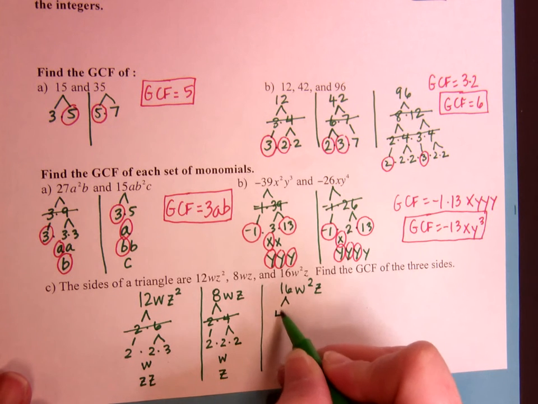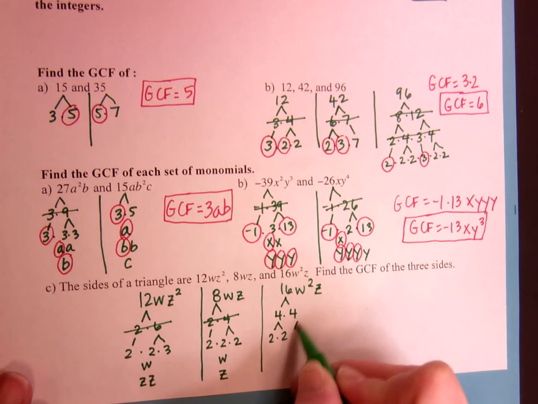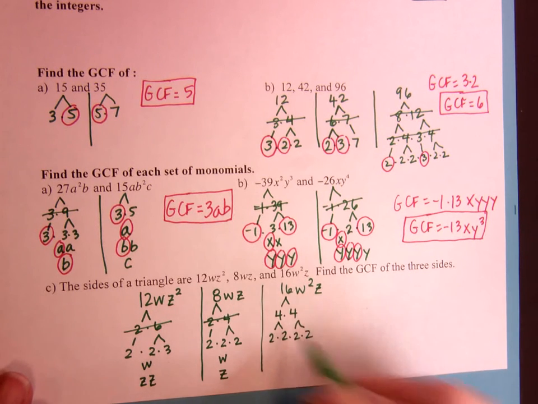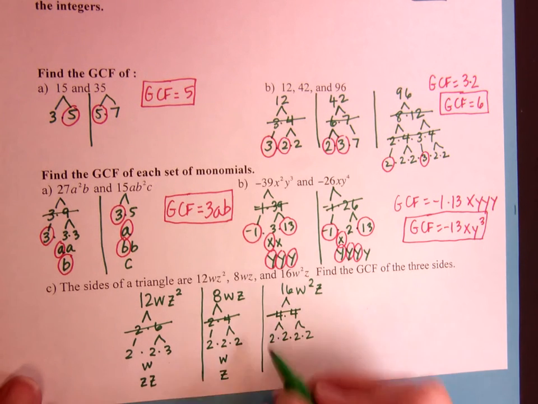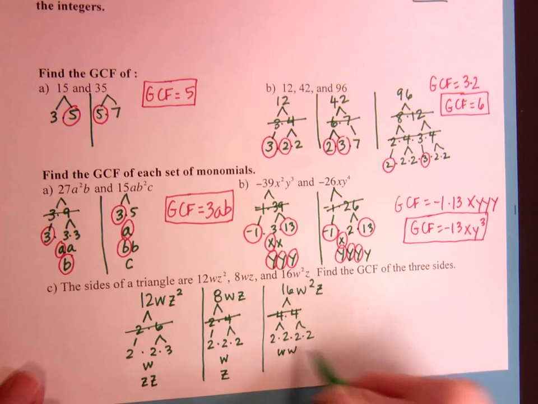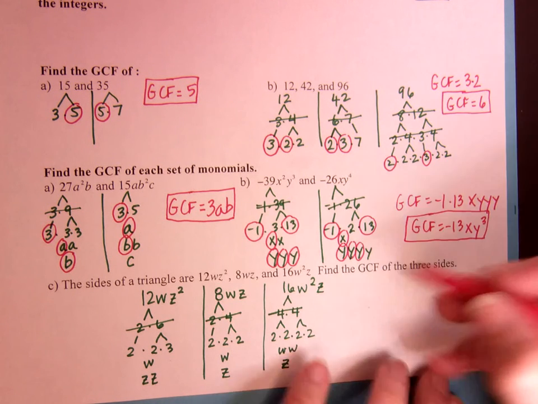Neither of those is prime, so we will break both of them down. How many w's? 1. How many z's? After we break them all down is when we decide what they have in common.